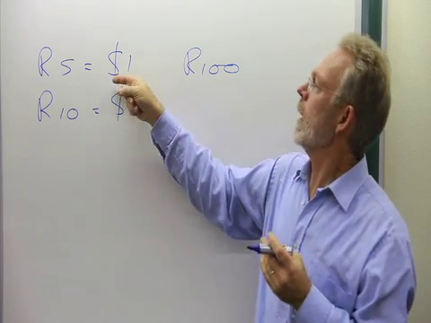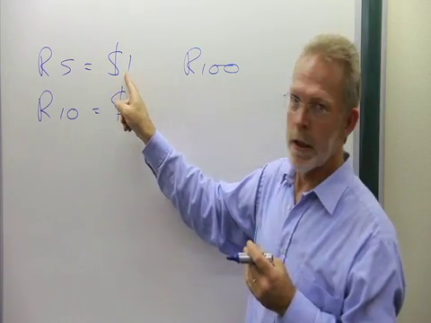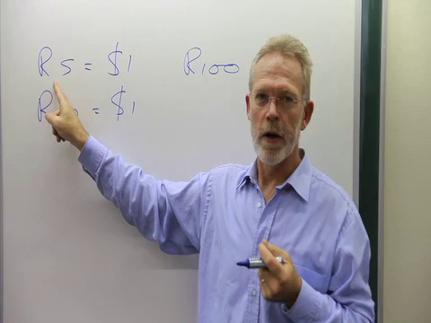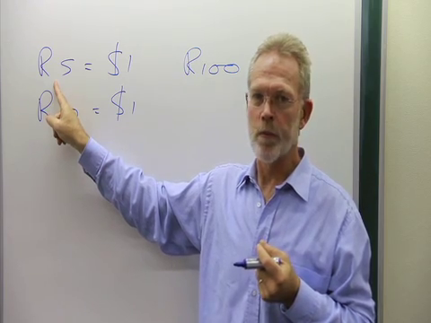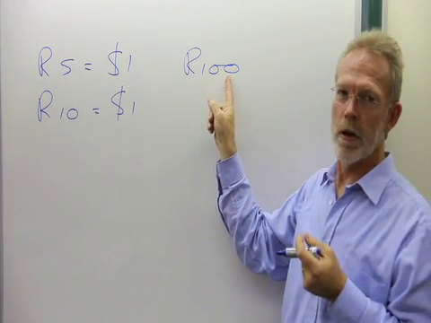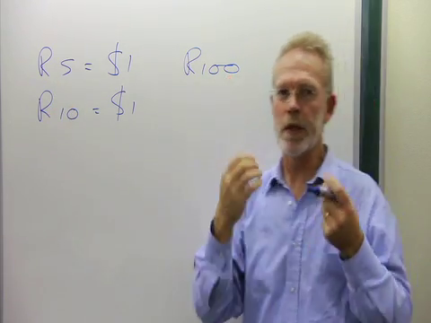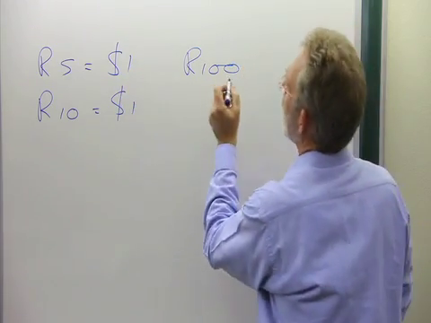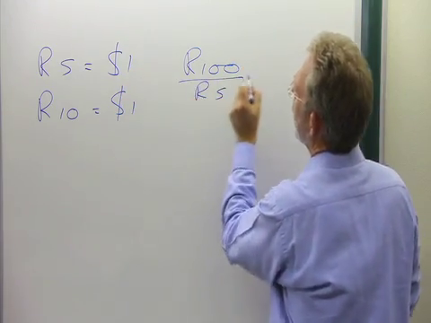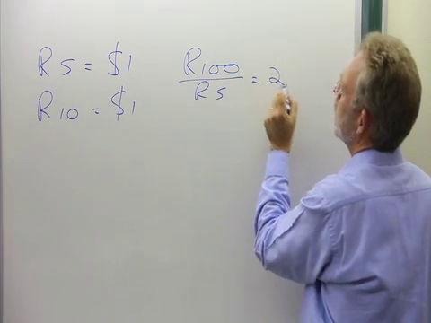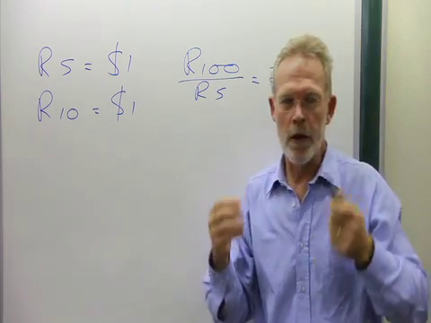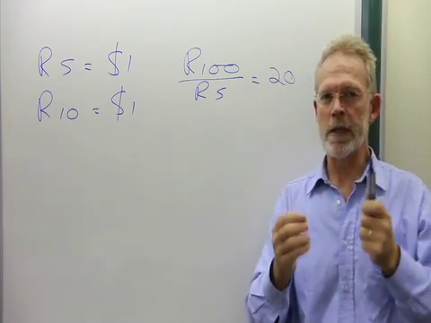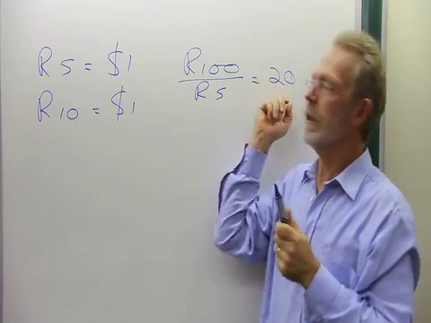For every dollar that you dish out, you get 5 rand. But you need 100 rand, so how many dollars will it cost you? Well, 100 divided by 5, and that is 20. So, in dollar terms, this case of wine costs you $20.